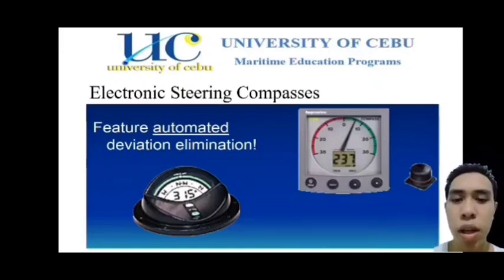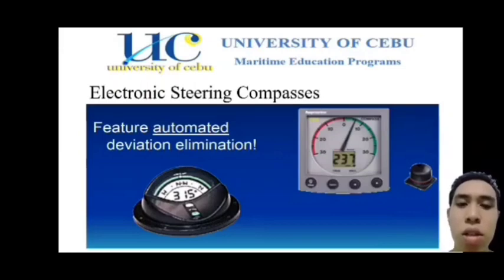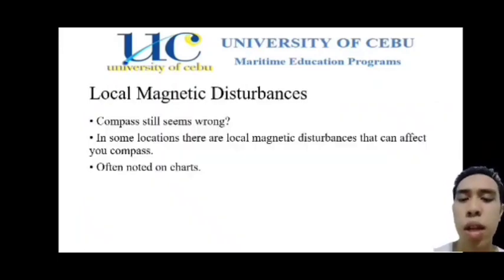Next is electronic steering compasses, a future of automated deviation elimination. This is an example in the picture, the electronic steering compass. Then next, local magnetic disturbance. If the compass still seems wrong, in some locations there are local magnetic disturbances that can affect your compass.